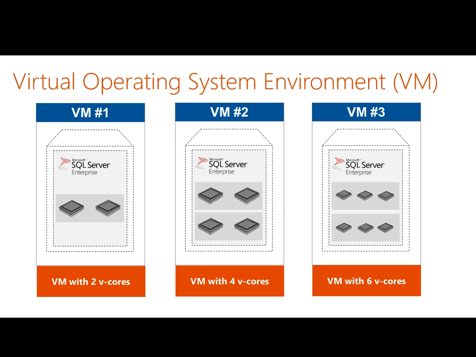So let's do an example. A customer created 3 virtual machines and wants to install SQL Server licenses inside them. In virtual machine 1, the customer assigned 2 cores. In virtual machine 2, they assigned 4 cores. And virtual machine 3, they assigned 6 cores.